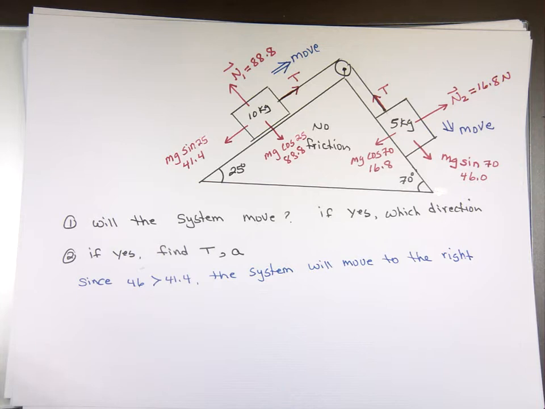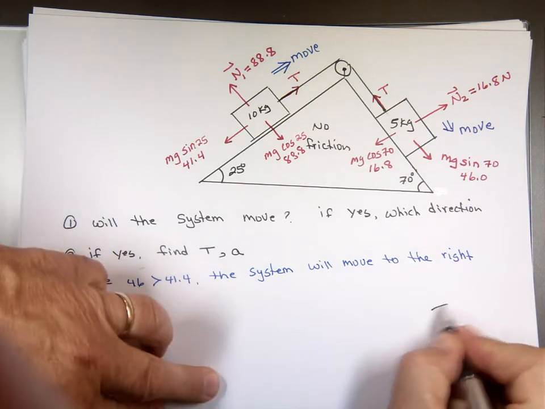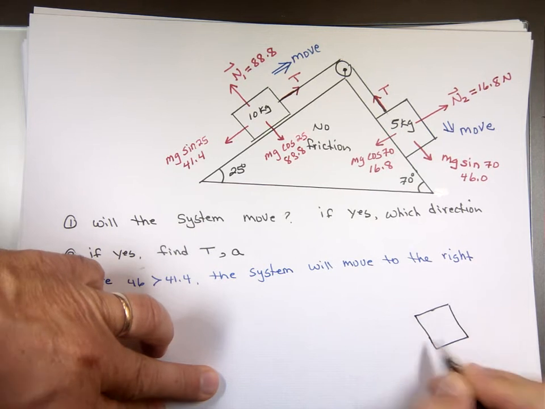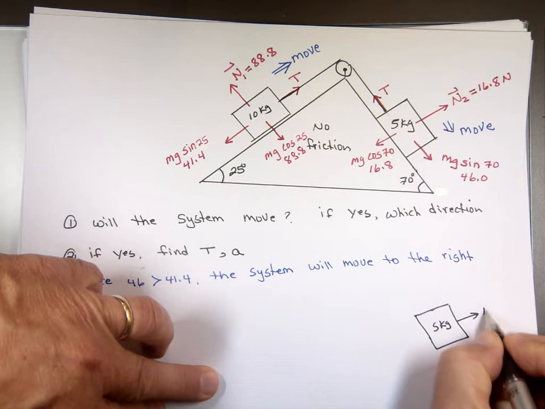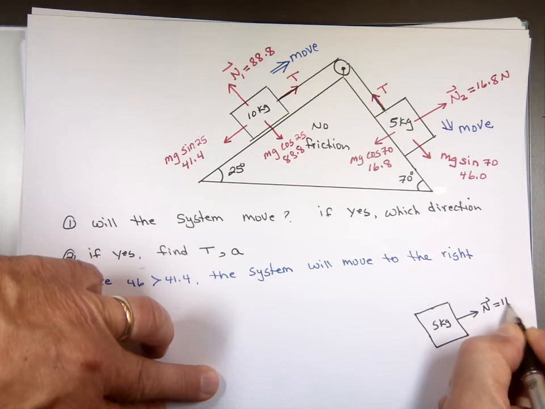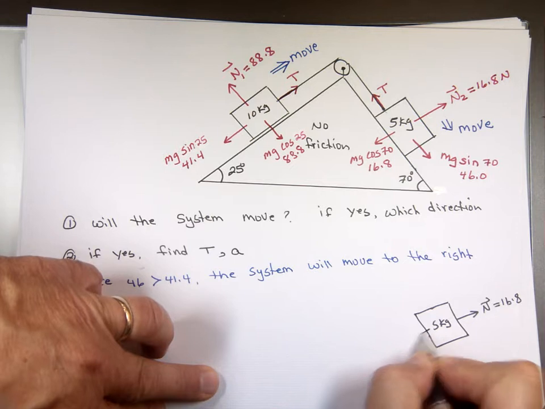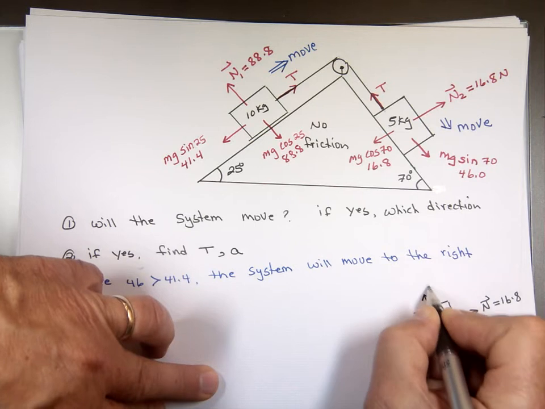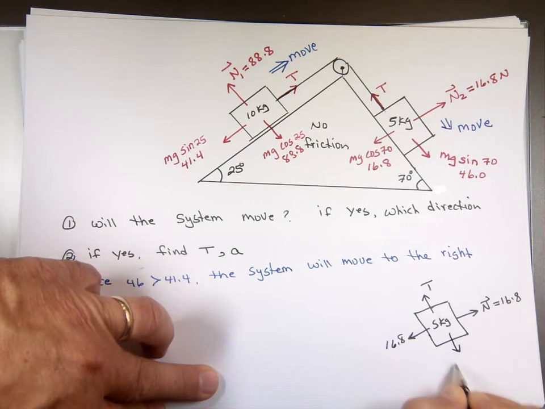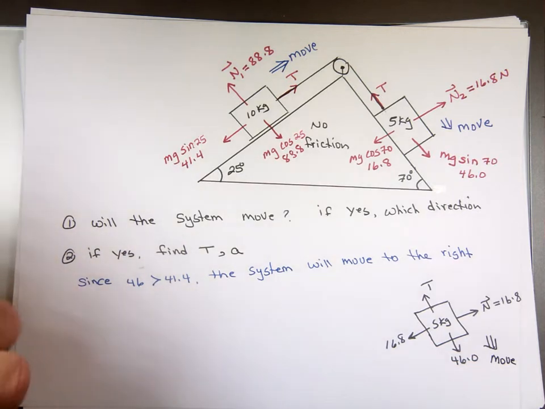Again, let's look at each one and write an equation for them. This is the 5 kilogram. We got the normal here, which is 16.8. We got the tension going up. We got 46.0 coming down. It's moving this way. So what's the net force in the direction you're moving?